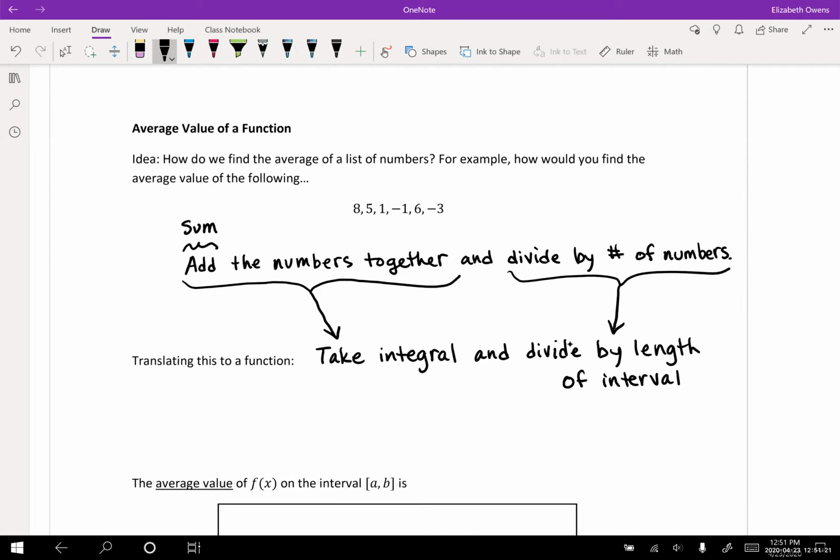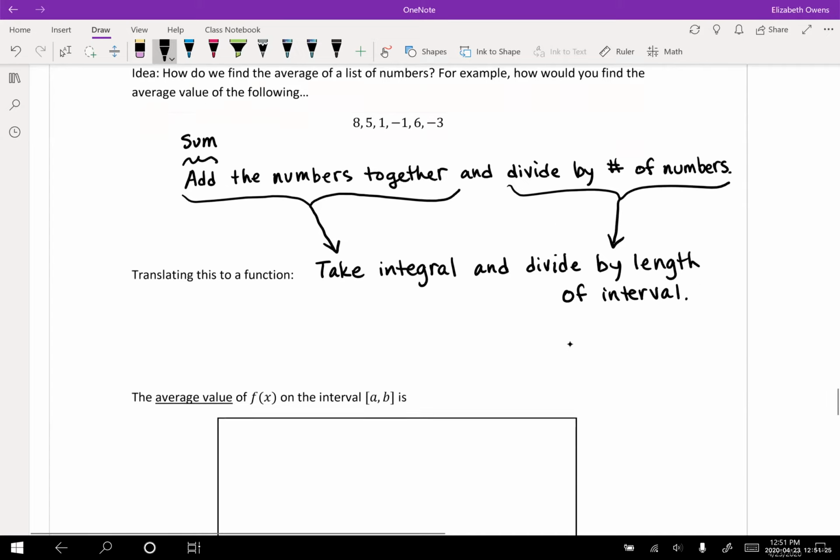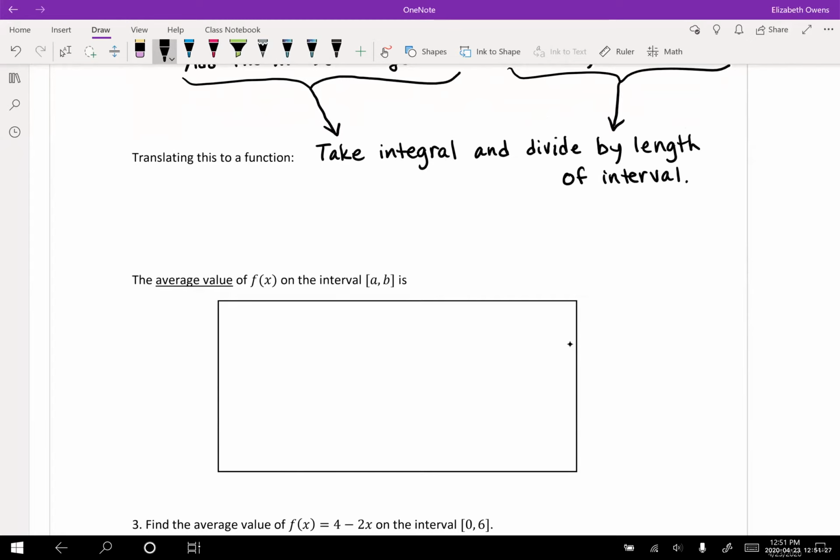So when we're doing the average value of a function, f of x, on the interval from a to b, the formula we're going to use is something like this. There's different notations for how to write average value of f.